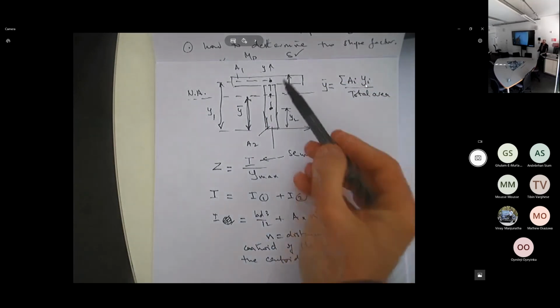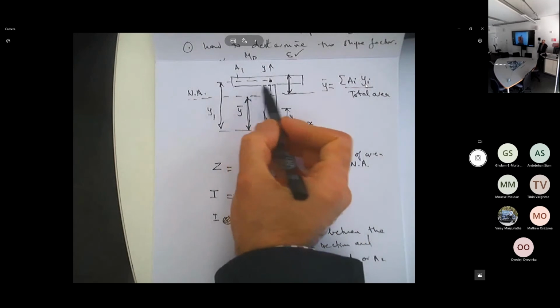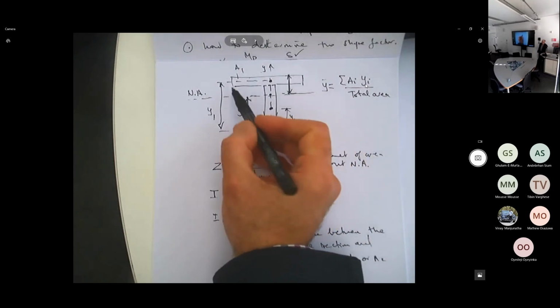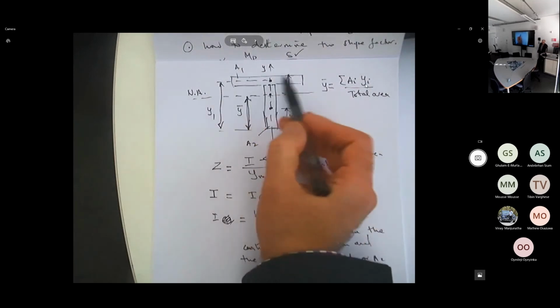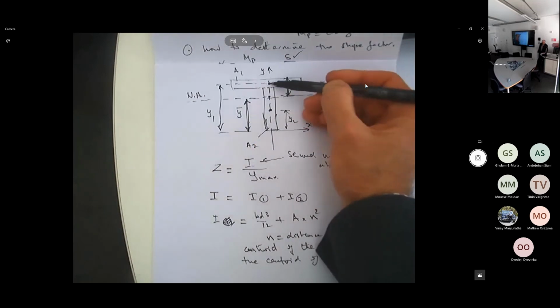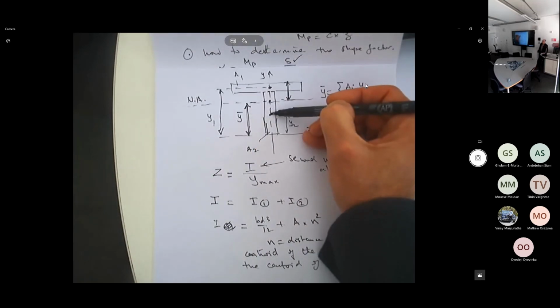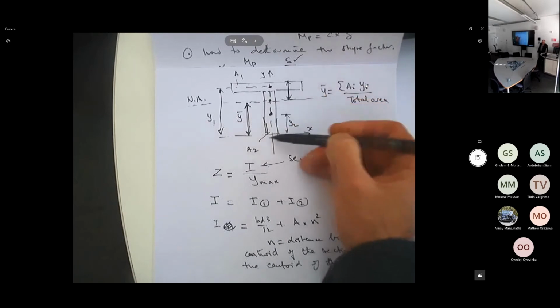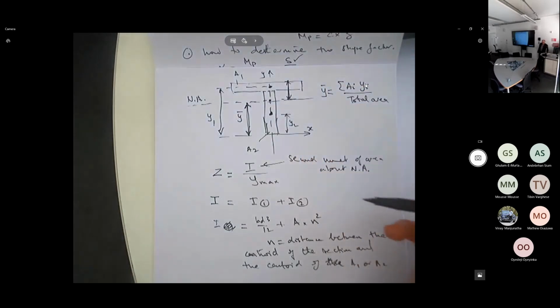In other words, for example, for A1, it will be BD cubed over 12 plus A1 times this distance from this centroid to the centroid of the whole section, squared.